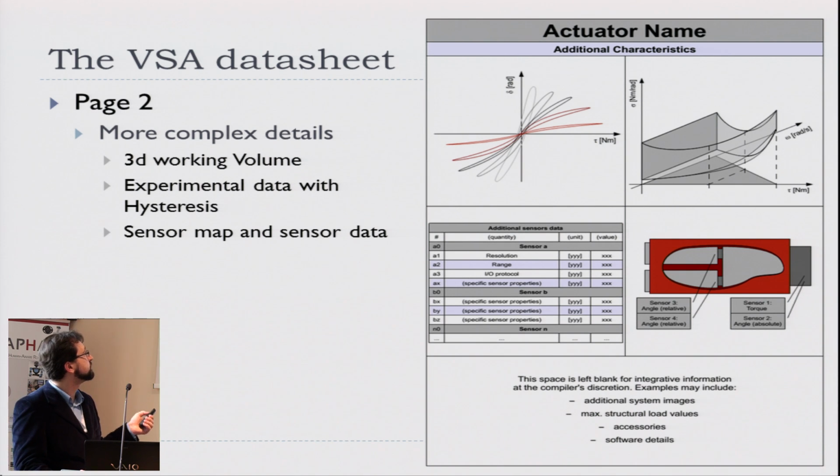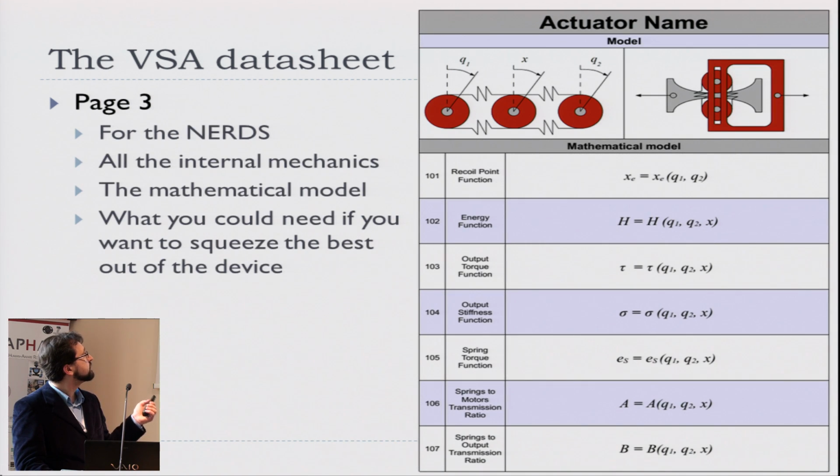Then on page 2, we have some more complex details, for example, the hysteresis and the 3D volume, which are not as intuitive. And also we have the map of the sensor and the description of their performance. Then on the third page, you have all the mathematical description of the system. So you have, for example, two small schemes that describe the macroscopic layout of the system.